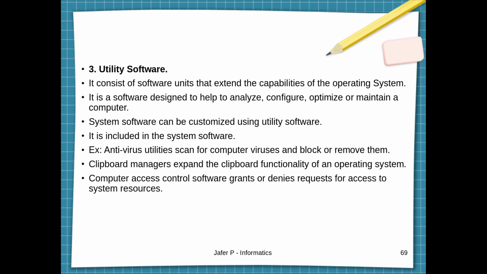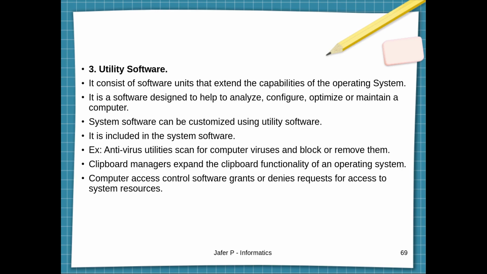Computer access control software grants or denies requests for access to system resources. That is another kind of utility software. For example, when you are going to create a user, there may be different types. There may be an administrative user, and there may be a normal user.